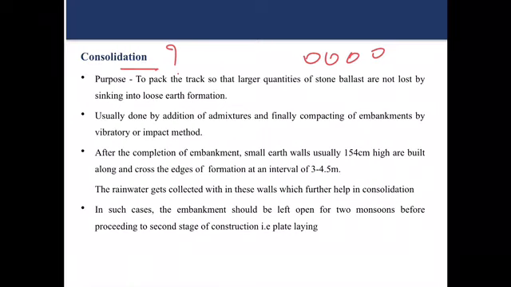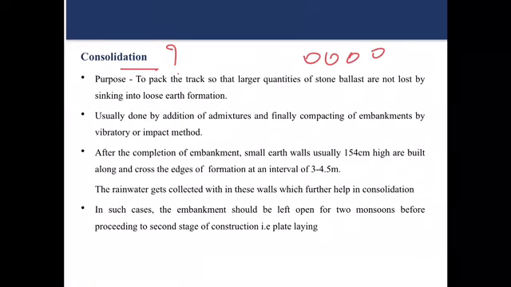The consolidation will usually be done by the addition of admixtures and finally compacting the embankment by vibratory or by using impact methods. And the other alternative is, after completion of the embankment, small earth walls, usually of 15 centimeter height, are built along and across the edge of the formation at an interval of 3 to 4.5 meter.